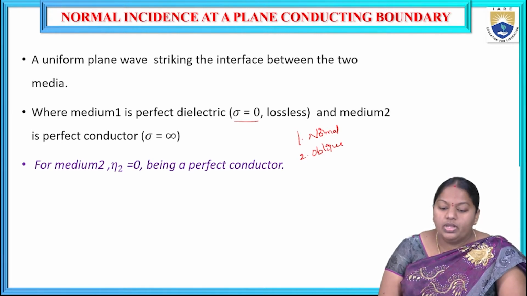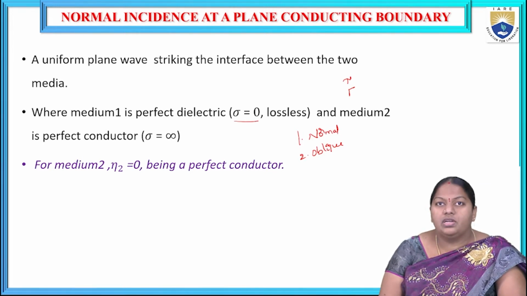Here also we are going to derive two coefficients: tau, also known as the transmission coefficient, and gamma, said to be the reflection coefficient. To derive these two coefficients, the second case of normal incidence we discuss here is normal incidence at a plane conducting boundary.